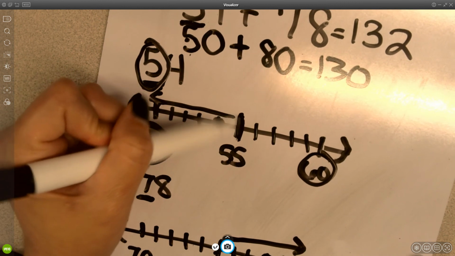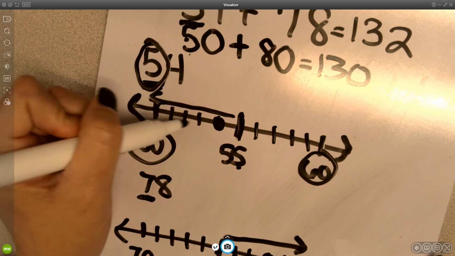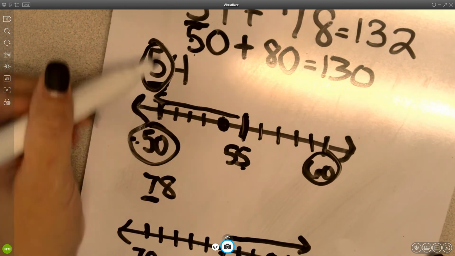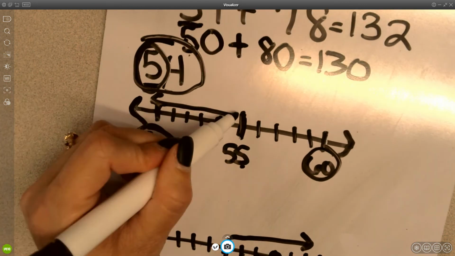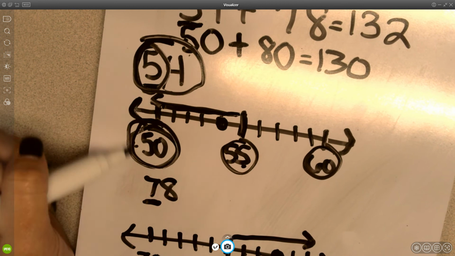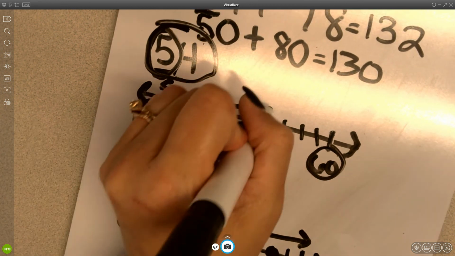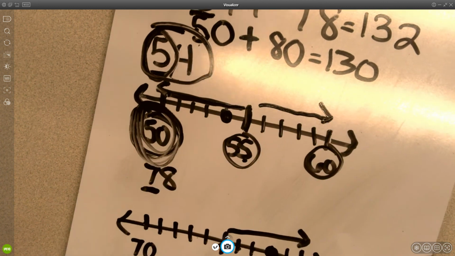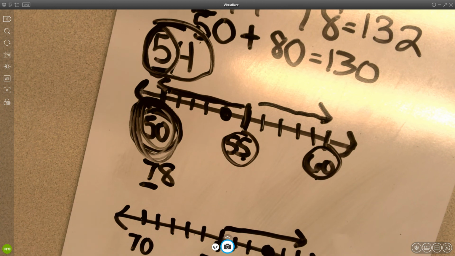Place the middle number with a 5 in the ones place. Draw your other numbers in, and then find your original number on your number line. If the number is less than the middle number and goes to the left, we stay at our original multiple of 10. If it is larger than the middle number with the 5, then we are going to go up to the next multiple of 10. Just keep practicing building those number lines.